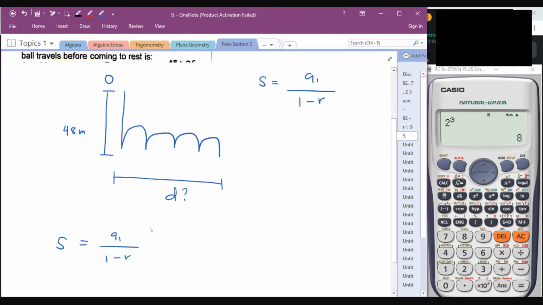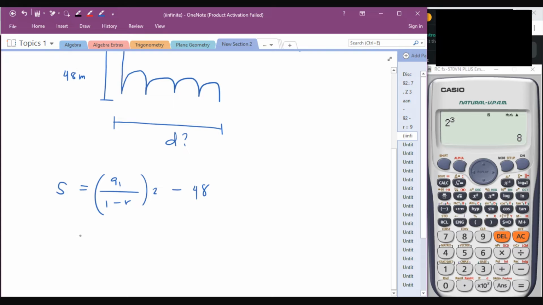Ilang beses yon? Pagbaba niya, 2 beses, di ba? 2 beses pantatalbog yan. Minus yung 48, yung taas niya. So, A1, yung rebound niya dito, is 48.